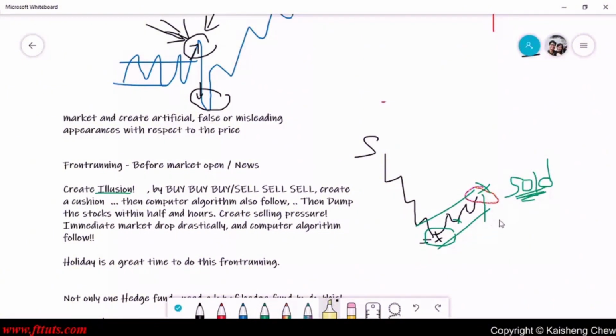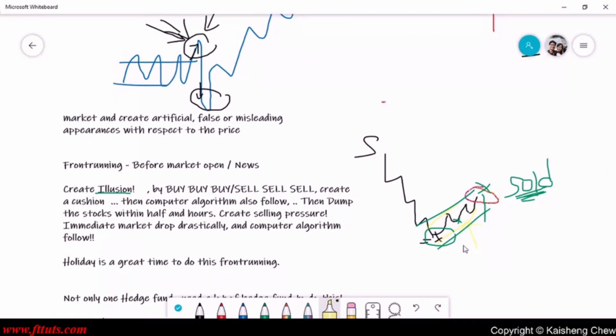Let's go back to the start over again. When the big boy is buying over here, they put out some money to buy and push up the price. Then it goes down, and they put in some money to bring up the price again. The computer algorithms, like robots or EAs, are created to follow signals.